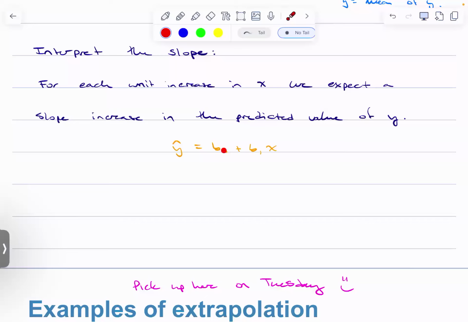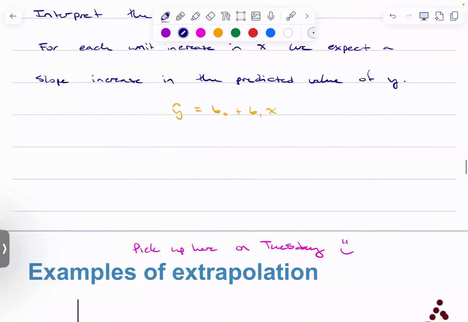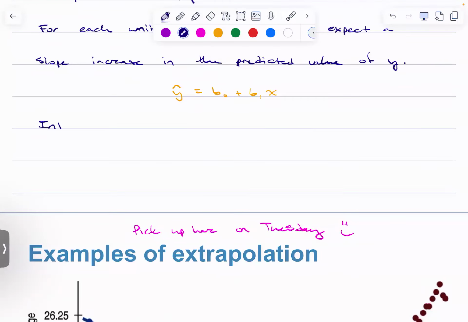Same thing for the intercept. What's the intercept? B0, right? That's going to be your predicted value of y when x is 0. So to interpret the intercept, when I say intercept, I mean the y-intercept. I'll clarify there, but we don't care about the x-intercept.